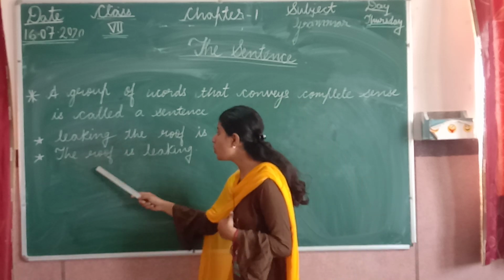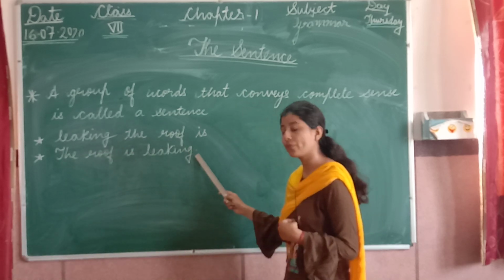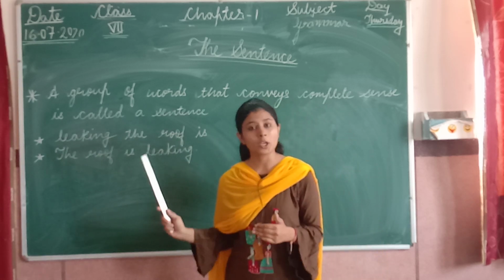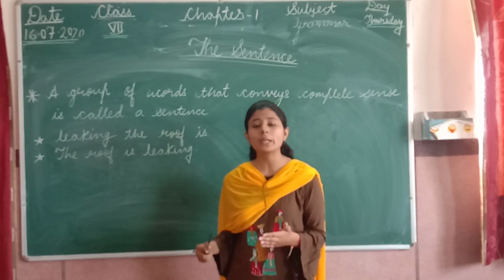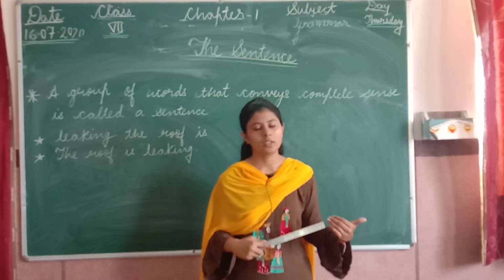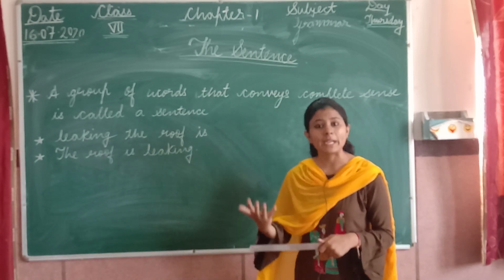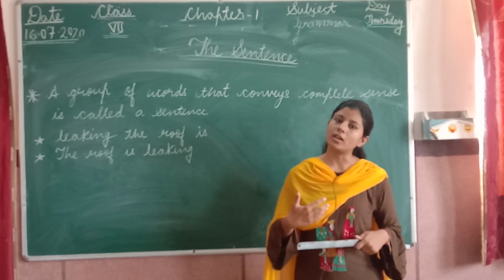Like "The roof is leaking." Now this is a sentence because we have placed every word in the correct order. So the group of words that conveys complete sense is called a sentence.